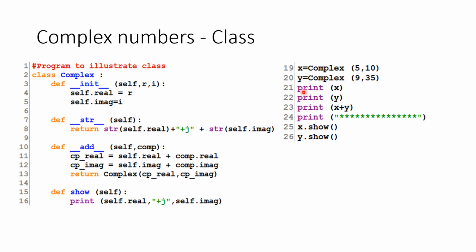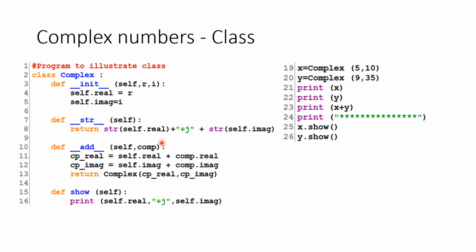So now when we pass print of x, the object x is passed into the string function, which will in turn convert the real of x and the imaginary of x into strings, and that will be concatenated together and will give the output. And similarly for y we do that.